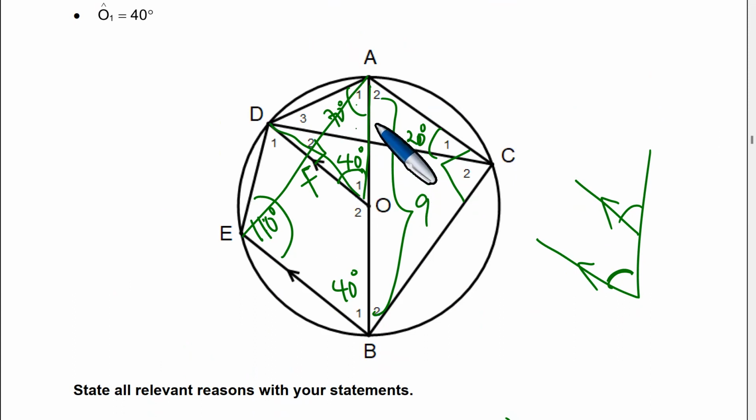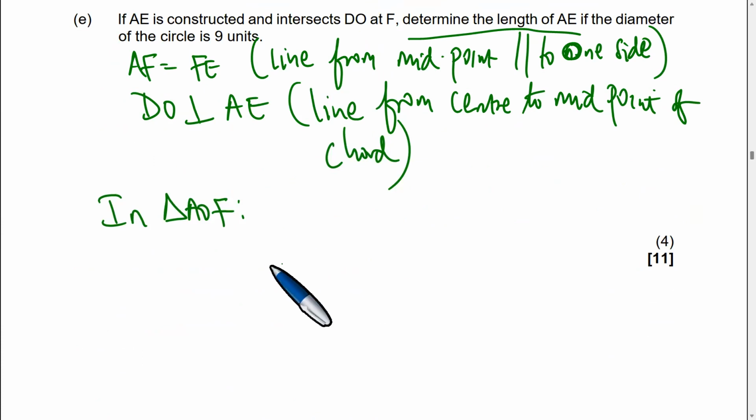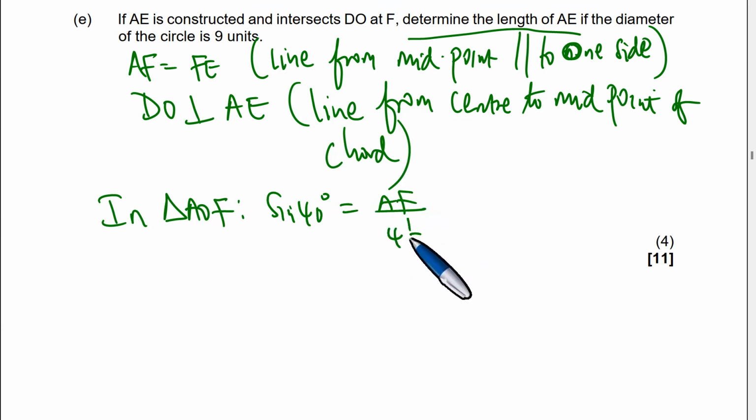Sine 40 is AF over 4.5, because the diameter is 9, so the radius is 9 divided by 2, which is 4.5. So the sine of 40 degrees is AF over 4.5. AF is approximately 2.9 units.